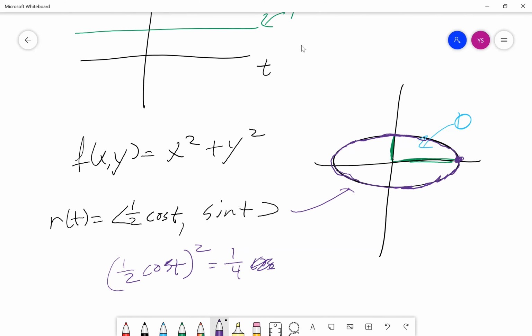So 1/4 times 1. Okay, and that's what this will be. Maybe this should be 2 if we want it to be bigger, but it doesn't matter. I'll just put 2 here. Doesn't really matter.